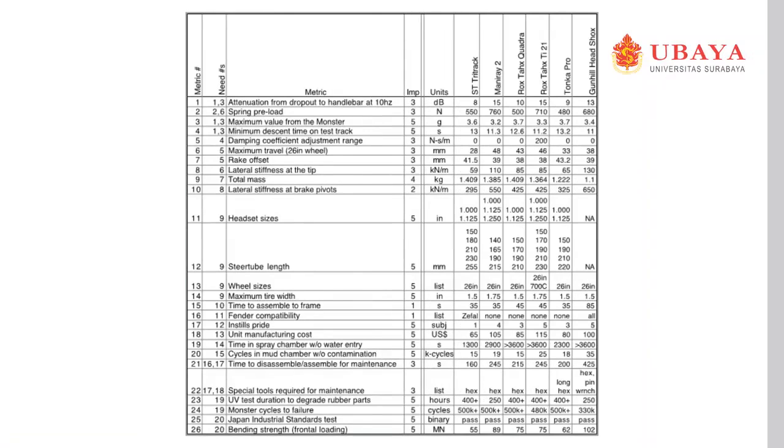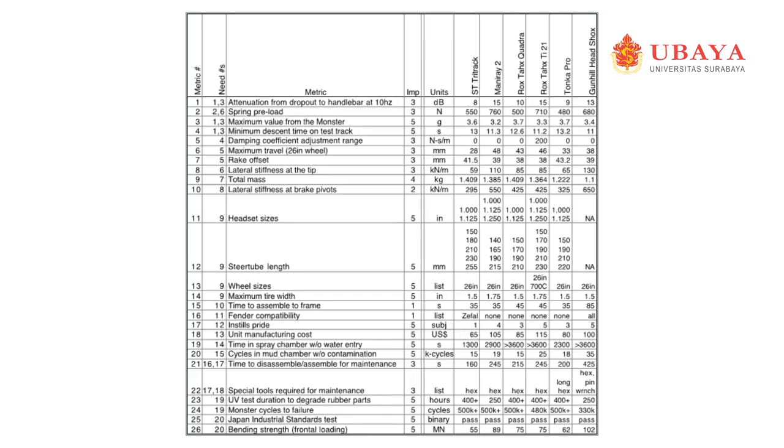Next one, wow, this is a very complex table, but don't worry. This is just a follow-up: how to benchmark on metrics. So the keyword is benchmarking from metrics. For example, metric number 1, which corresponds to needs number 1 and 3, is defined as attenuation from dropout to handlebar at 10 Hertz, which has importance level 3.